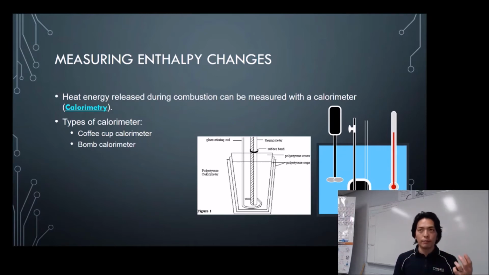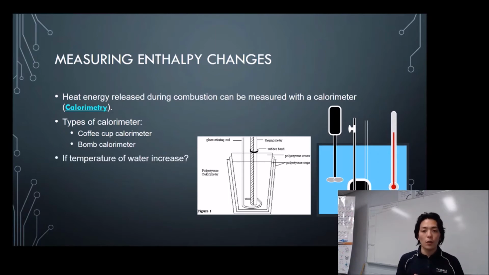With the explosion, that stainless container needs to be kept nice and solid, and it doesn't actually explode. Because the volume doesn't change, all the energy that was released from the explosion will heat up the water that's surrounding the container. So in that diagram, that's the blue part of it.